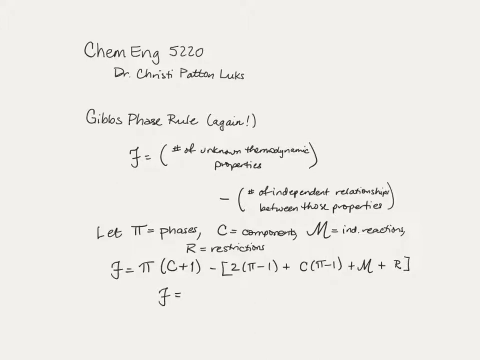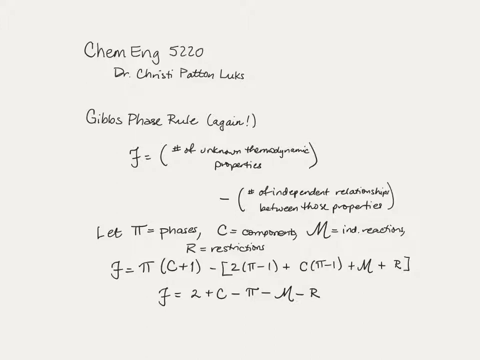And when you simplify this, you end up with 2 plus the number of components minus the number of phases minus the number of chemical reactions minus any additional restrictions.